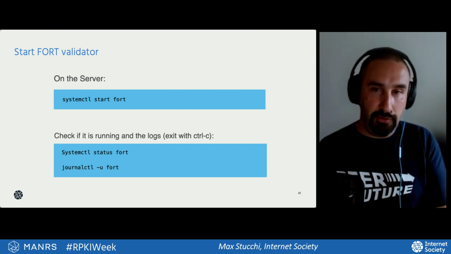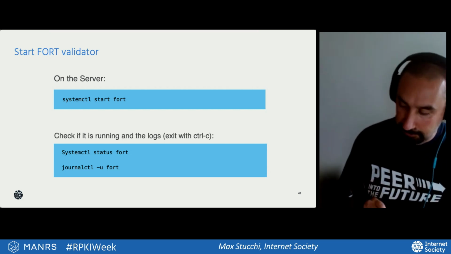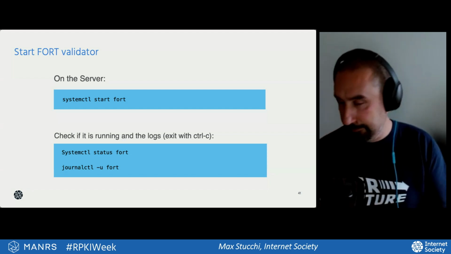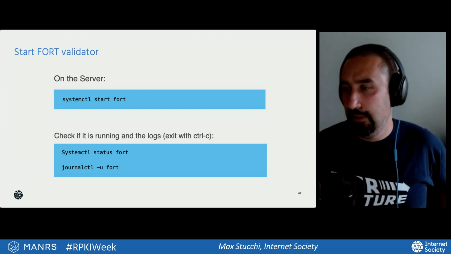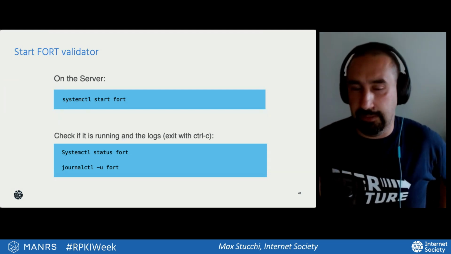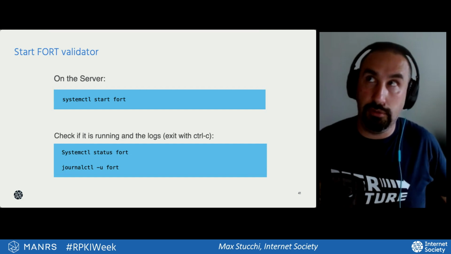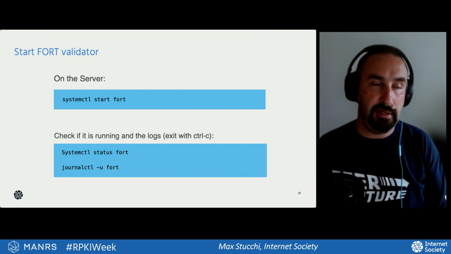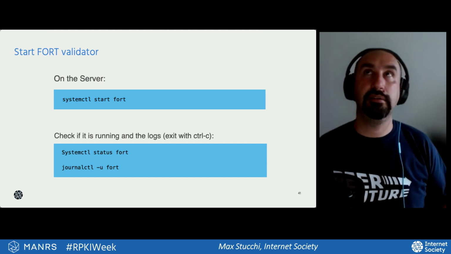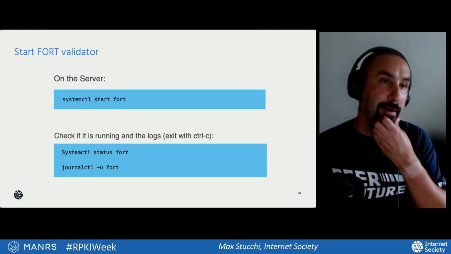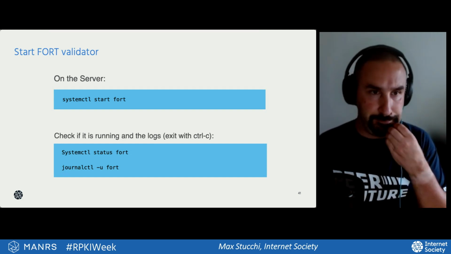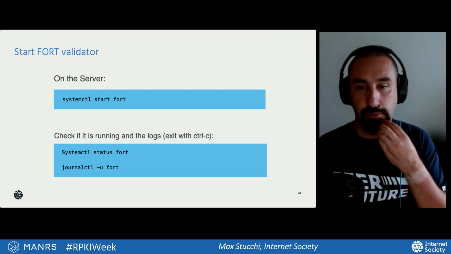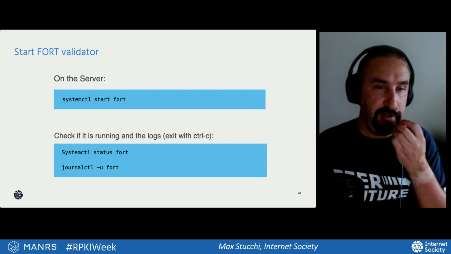I think, okay, this is interesting, because it's something I've been checking on and off because we run a tool called Roast at ISOC, where we do a daily run checking the validity of prefixes. And of course, we have to rely on some validators.